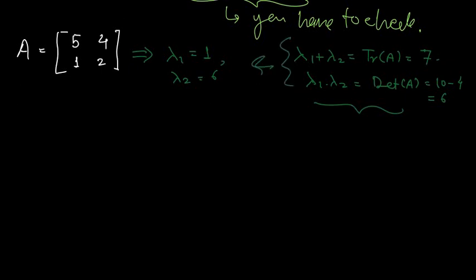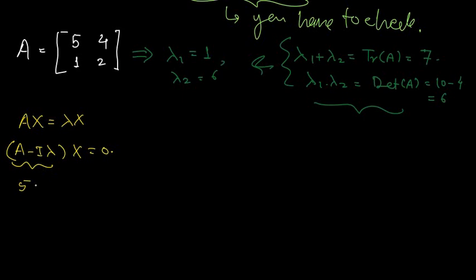Then if I write the characteristic equation, Ax is equal to lambda times x, where lambda is the eigenvalue. Then A minus lambda I times x is equal to 0.